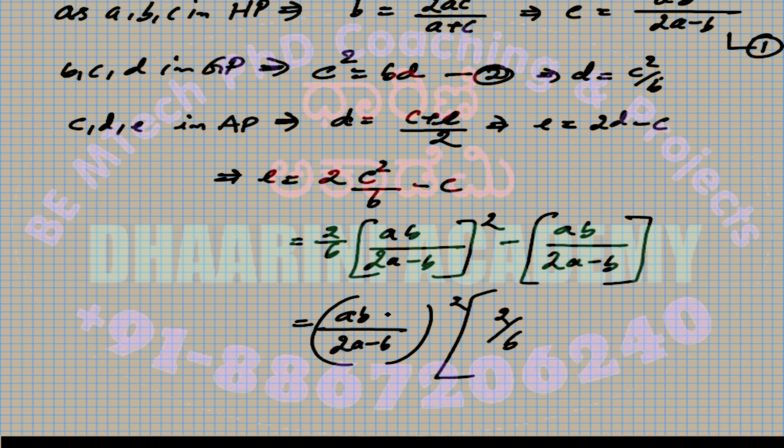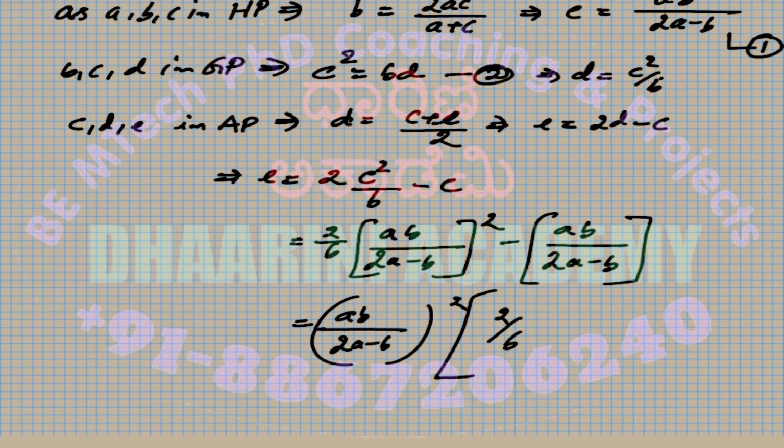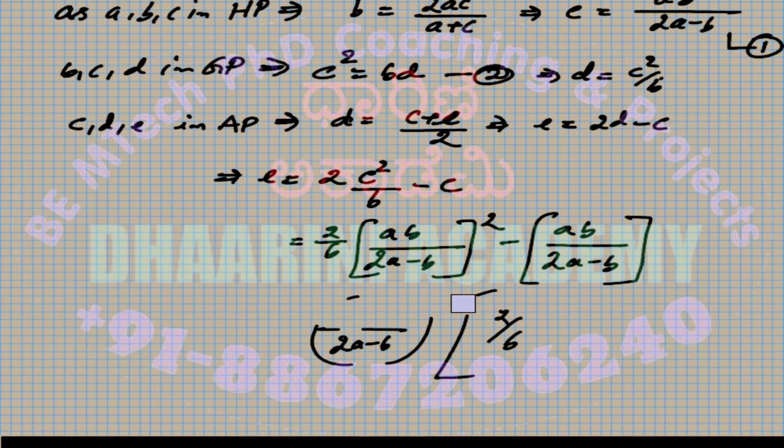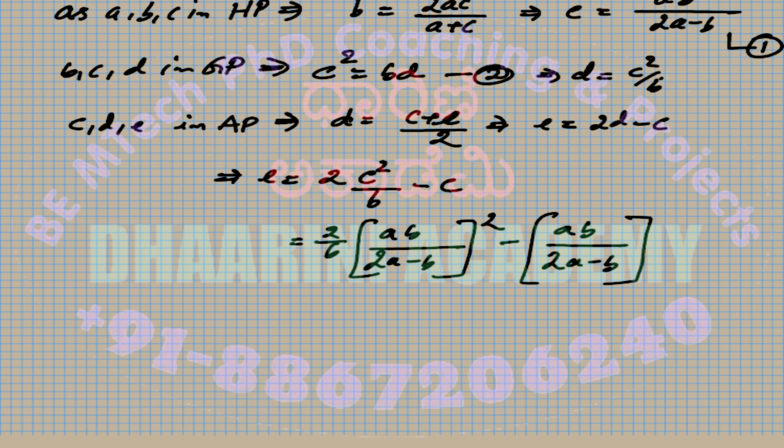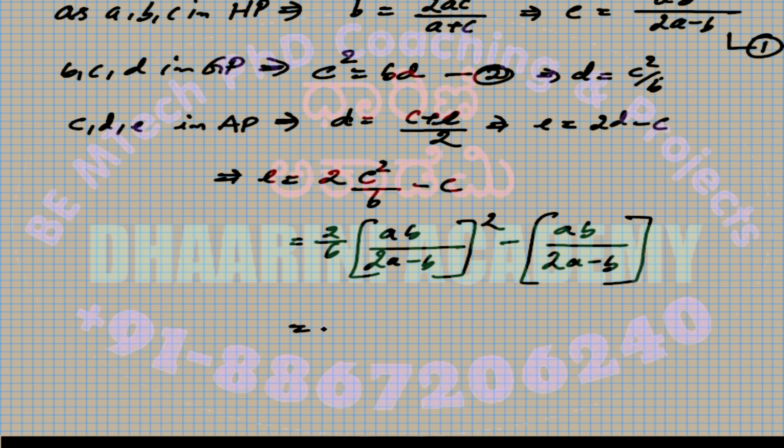Let's try to take AB by, okay, AB square is not possible, so let's slightly modify. Let me try to take AB divided by 2A minus B, the denominator only square, out. So what remains when the AB is gone, there is one more B there that cancels.